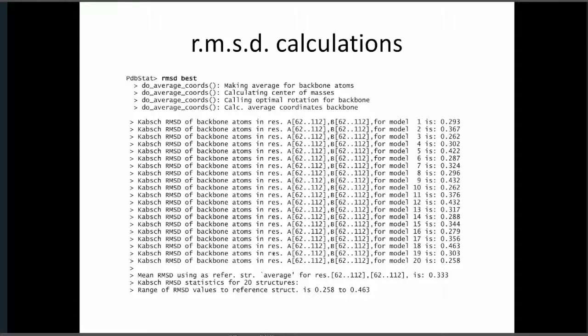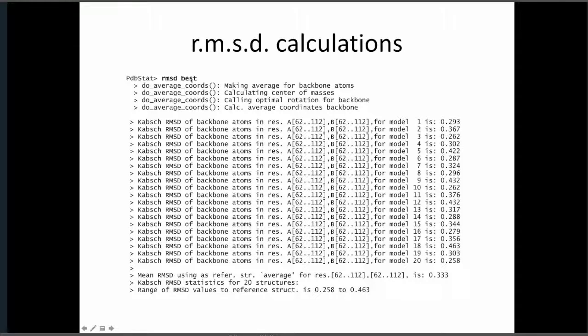For the r.m.s.d calculations, as I told you before, once the well-defined regions are done, the user will use this command, r.m.s.d best, either backbone or heavy or whatever.